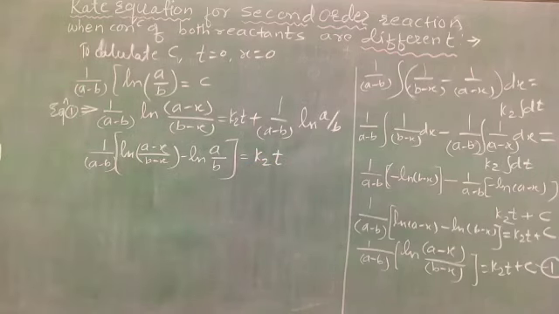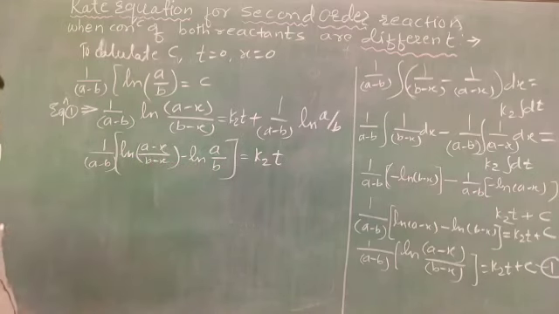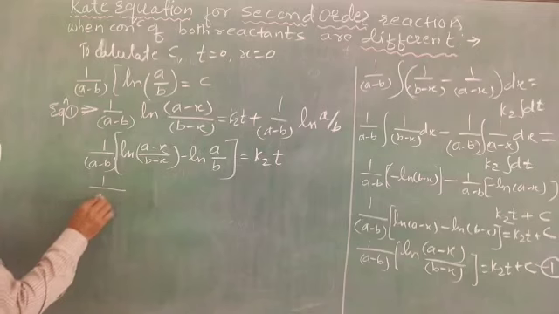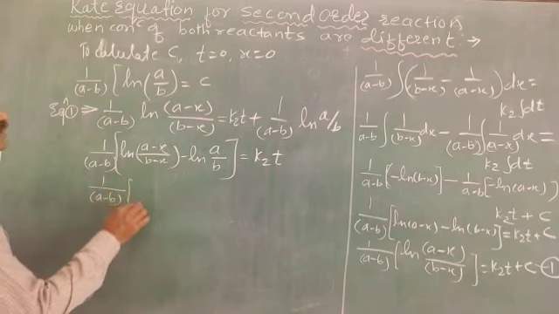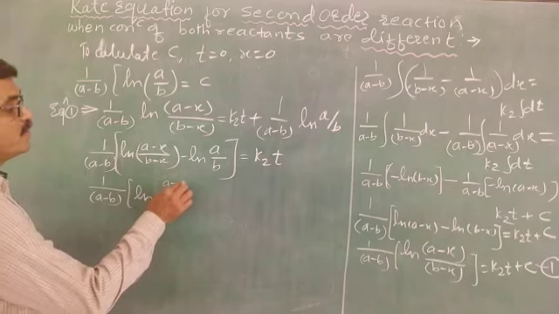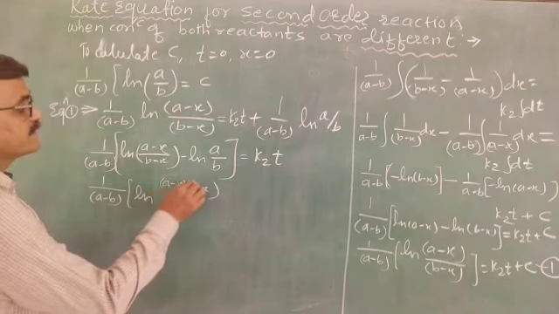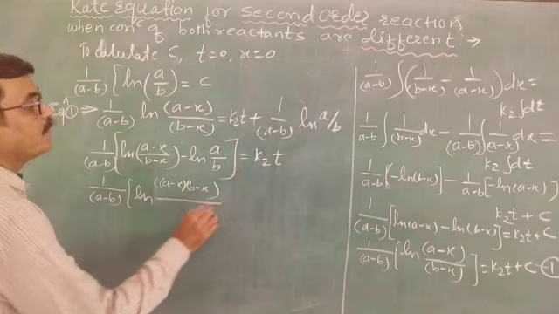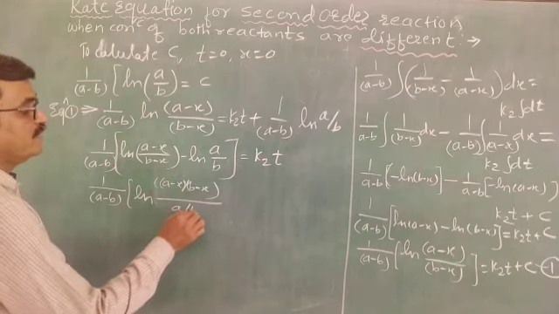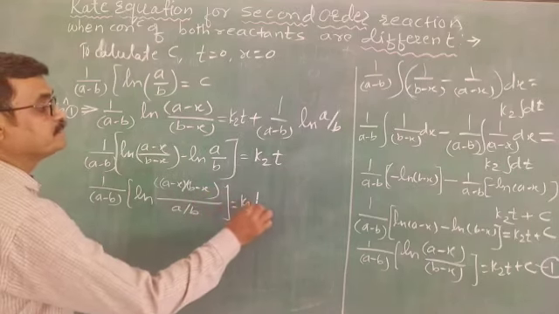Are you getting clear? समझ में आ रहा है? Now in this equation, log m minus log n, that's why 1 upon a minus b into ln of a minus x upon b minus x, upon a upon b, that is equal to k2t.